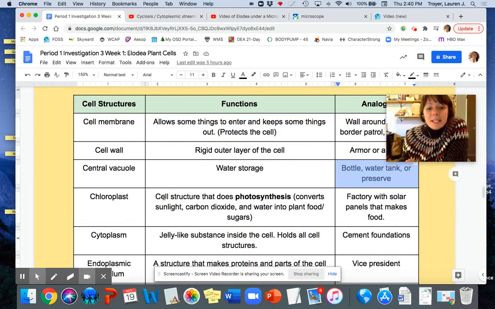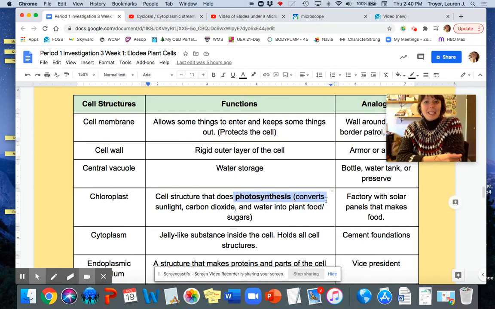All right, cell structure that does photosynthesis. And what is photosynthesis? It's an amazing process. You have the sunlight coming into your chloroplast, and you have this special molecule called chlorophyll, which gets excited by the sunlight, gets energized, and that energy allows it to break the bonds in carbon dioxide and break the bonds in water, and it mixes them up and turns it into sugar for a plant to eat, plant food, basically.